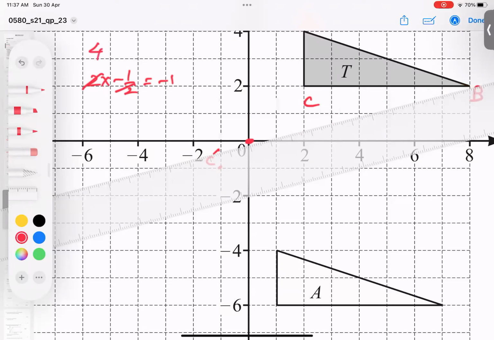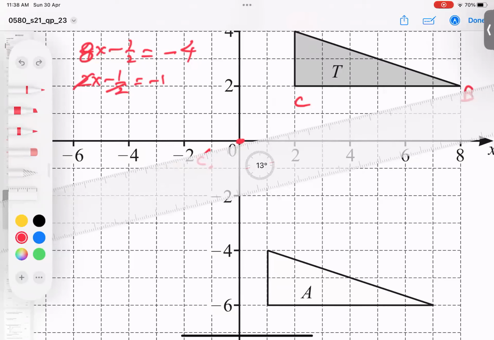When you make it 8 into -half, you get a -4. And negative means don't go upwards, go downwards. But how many boxes? 4. 1, 2, 3, 4. I check again. Look at here, 1, 2, 3, 4. The scale is slightly below, that is why. So this point is coming here, B dash.